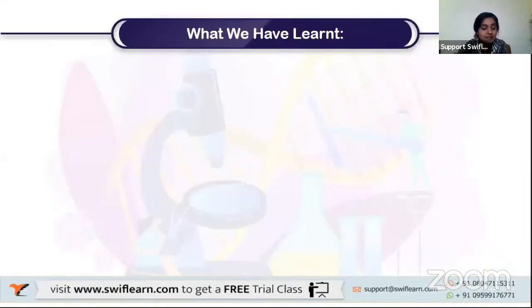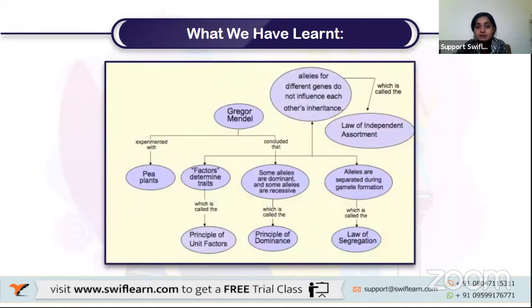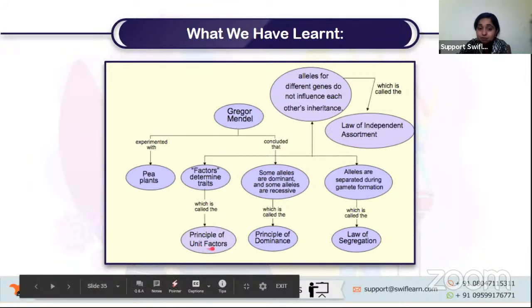Now, what have we learned in today's session? We have learned about Gregor Mendel. His experiment with pea plants concluded that factors determine traits. Some alleles are dominant and some alleles are recessive. Alleles are separated during gamete formation, right? Which is called the principle of unit factors.